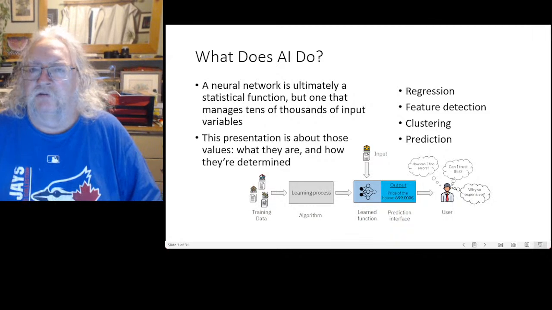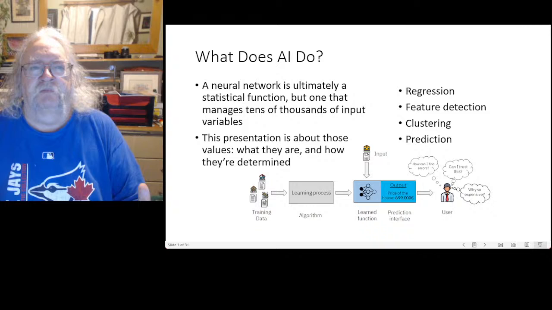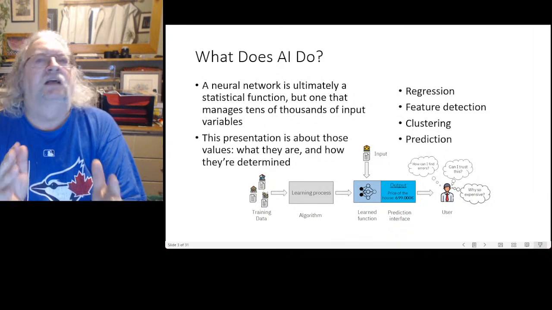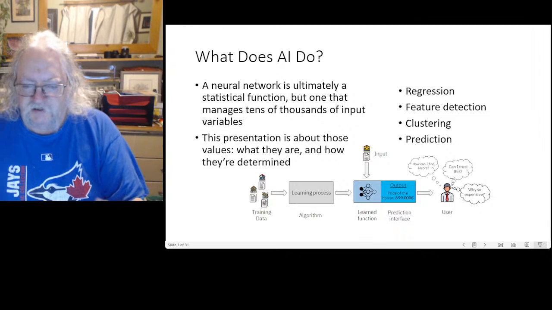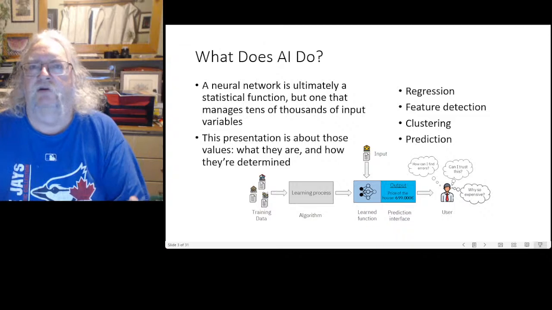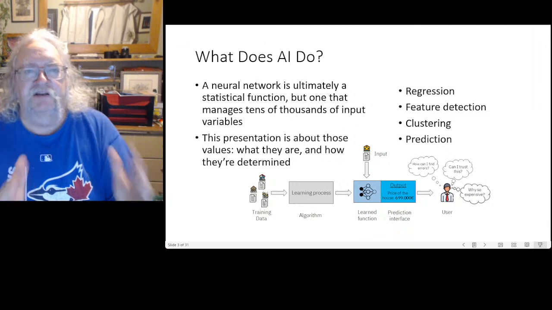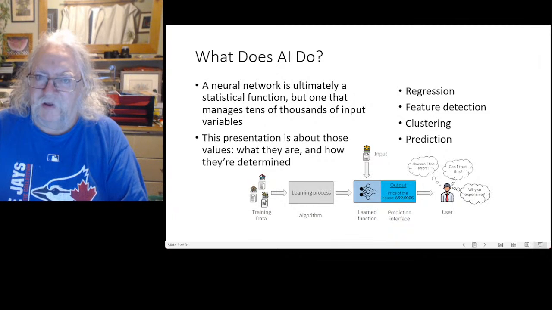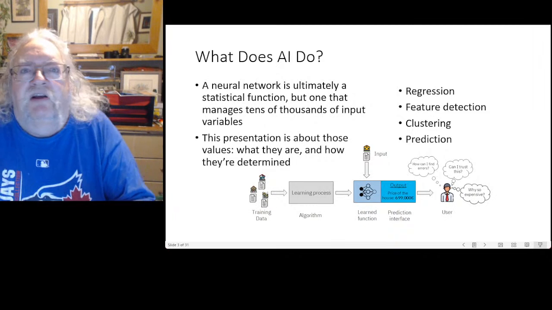A simple system that takes an image of a number and determines what number it is can have 50,000 different input variables. And designing an AI function is basically a mechanism of tweaking these variables.